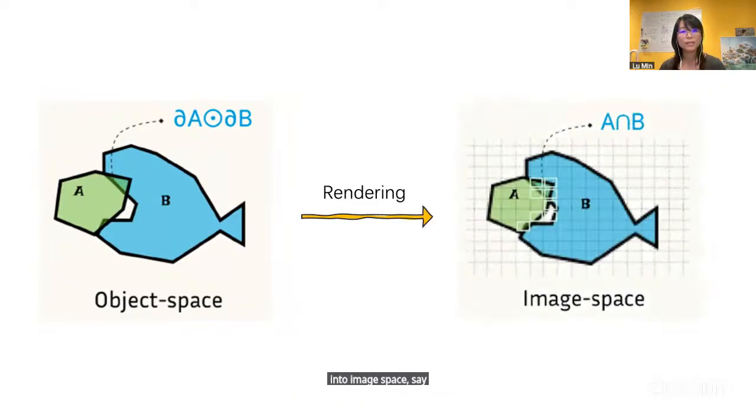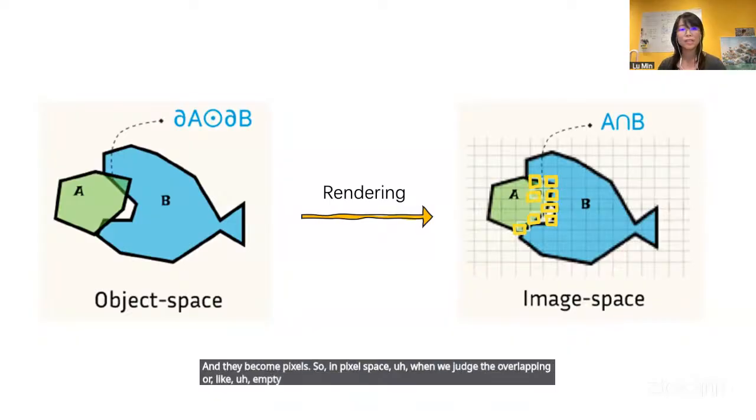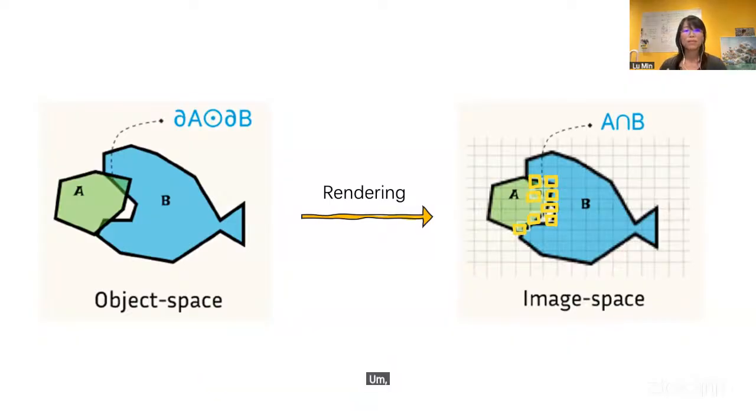Say, when we render these two objects into image space, they become pixels. So in pixel space, when we judge the overlapping or empty space, we just need to count the number of pixels in their joint regions or in empty space.